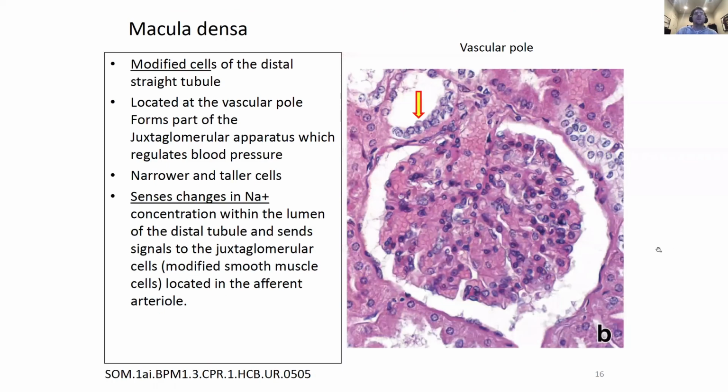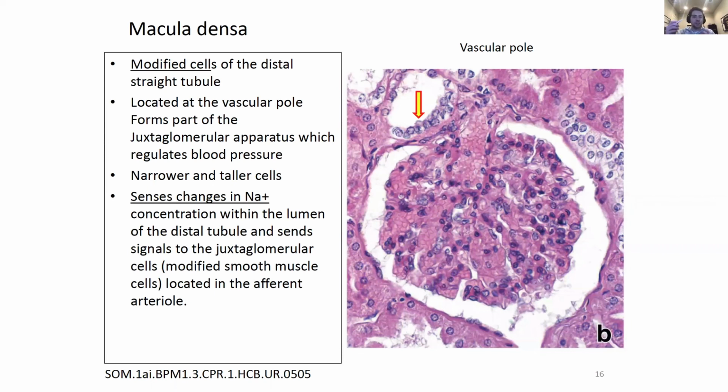Thank you. Okay, so now the macula densa, it's kind of tricky because it always lies next to the glomerulus, but it is part of the distal convoluted tubule. So just imagine the tube is going down and the distal convoluted tubule kind of sits up against the glomerulus. Now, what the macula densa is going to do is it's an osmoregulator. So it's going to recognize sodium, and wherever sodium is, water is.